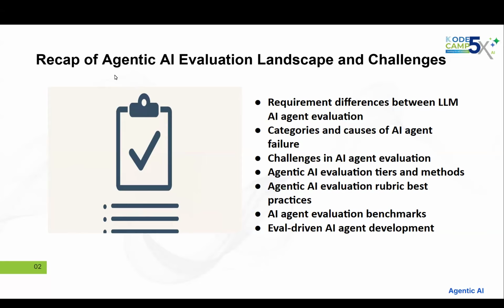Another area of measuring the outcome is the probability that the agent succeeds at least once given attempts of the same task. Call it pass at K. K may be a variable defined for the metric. So that's the probability that the agent succeeds at least once given K attempts.